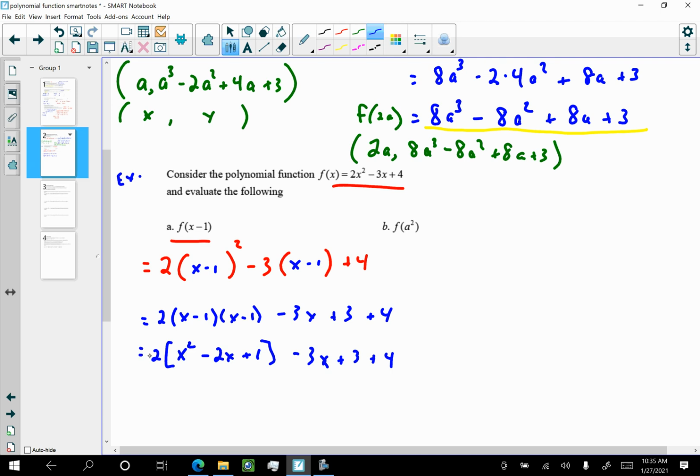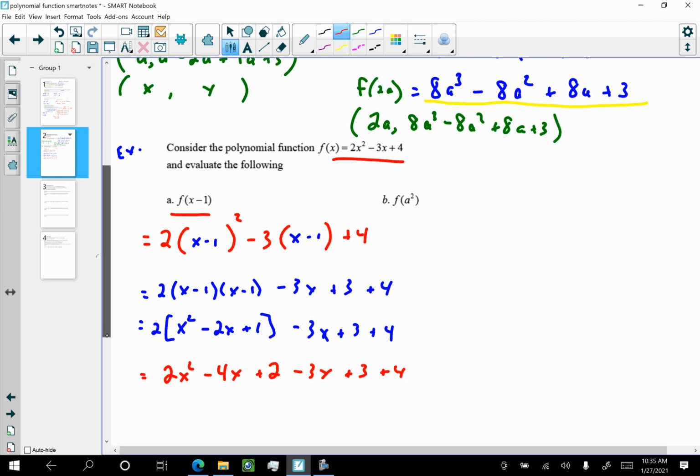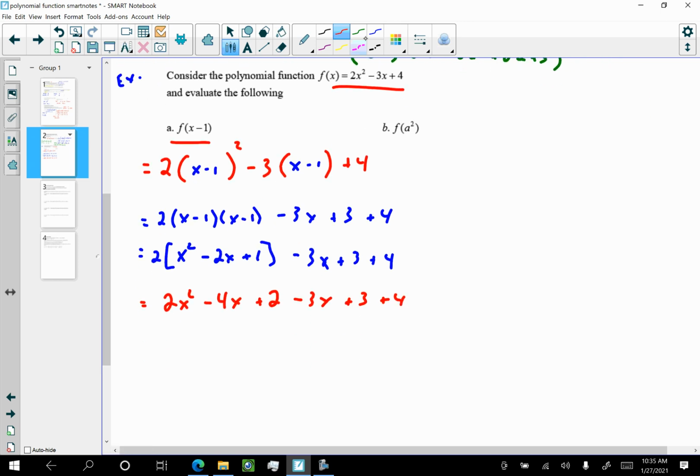So I'm going to use the distributive property here, multiply through by the 2. 2x squared minus 4x plus 2. I still have a minus 3x, I still have a plus 3, I still have plus 4. And now what we're going to do is simplify this. I have one term with x squared, and it's 2x squared.